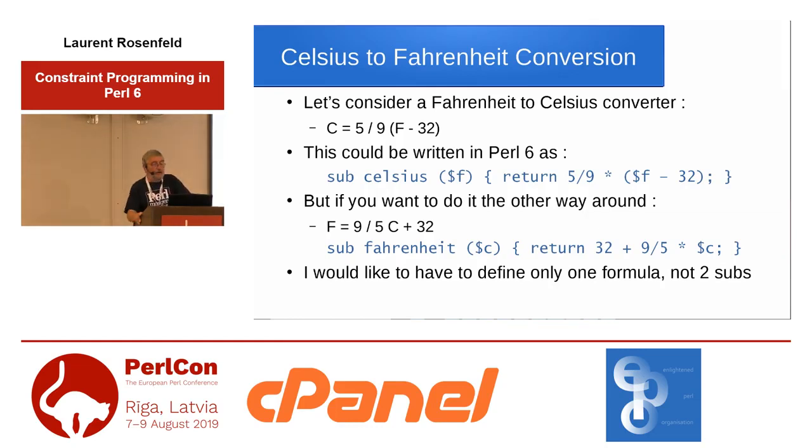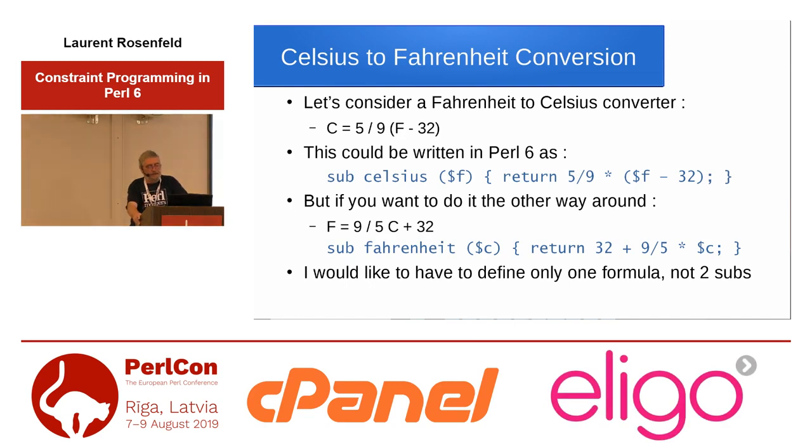Sub celsius of Fahrenheit returns 5/9 of the Fahrenheit temperature minus 32. But if you want to do the other way around, then you have to write another subroutine. The second one, sub fahrenheit, returns 32 plus 9/5 of the Celsius temperature.